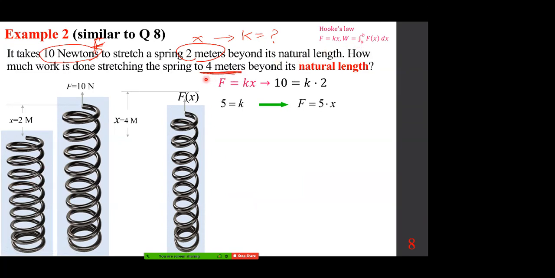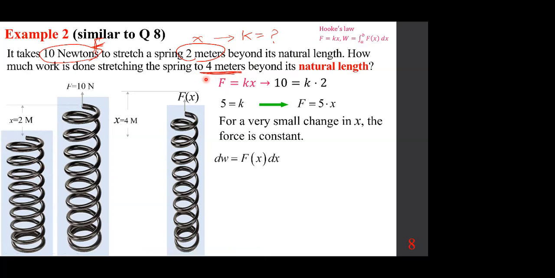Why 4? Because we want to move it 4 meters beyond its natural length. We want to stretch it that way. And so f of x is 5x, okay? And dW is f of x times dx.